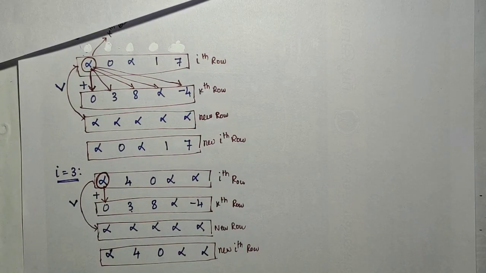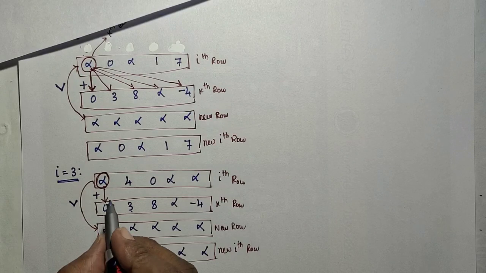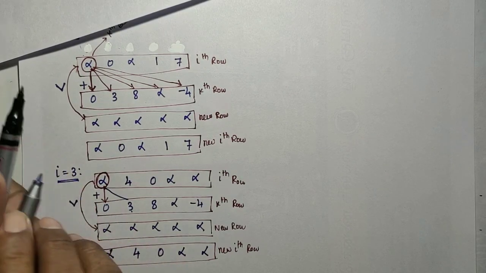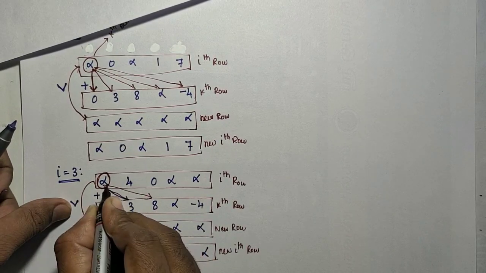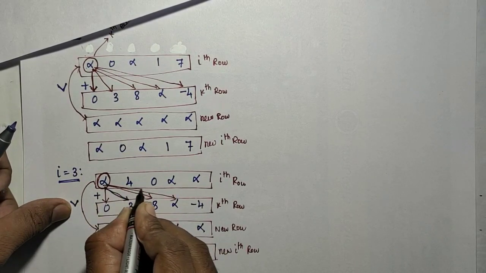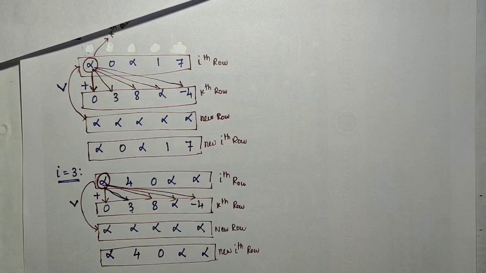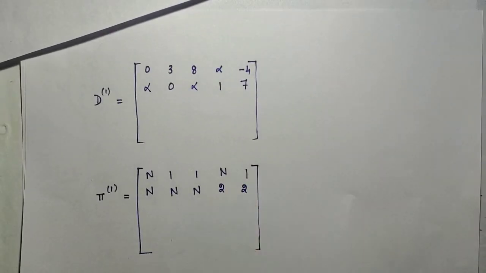So this value will be obtained by adding it. Like that we got this. Correct. So we can write the third row, updating it here.